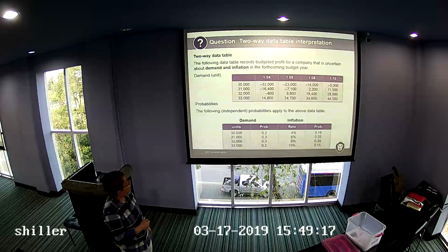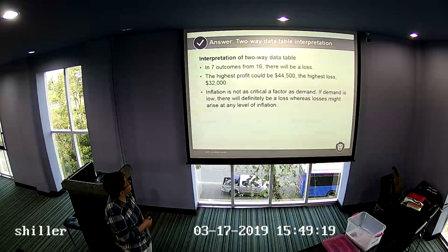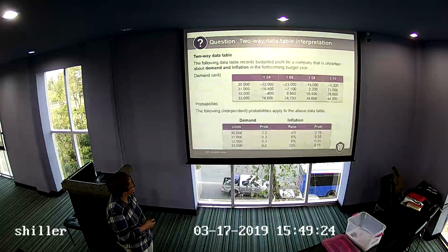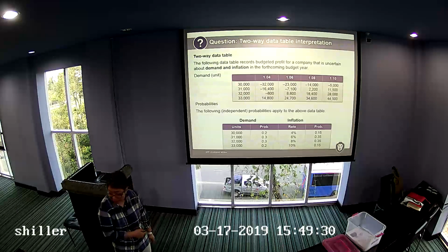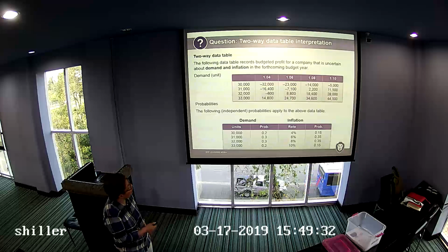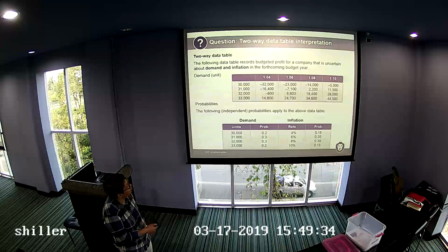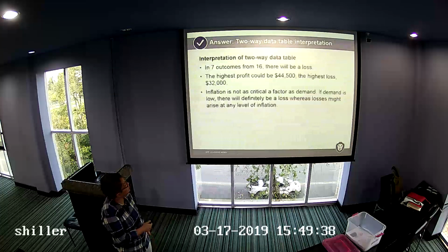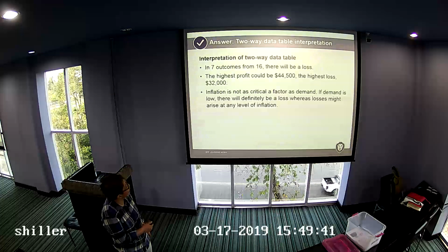So there are seven outcomes that will be a loss: 1, 2, 3, 4, 5, 6, 7. Out of 16 outcomes, 7 are losses. The highest is 44 and the highest loss is 32.